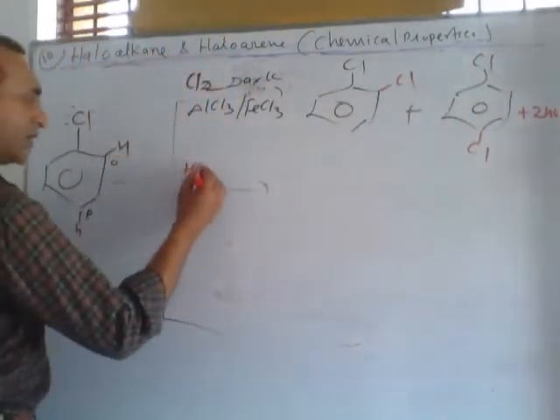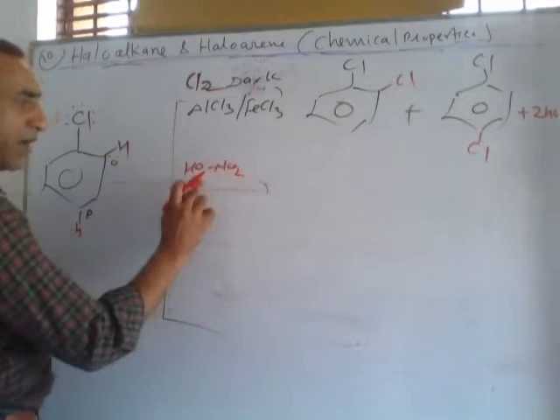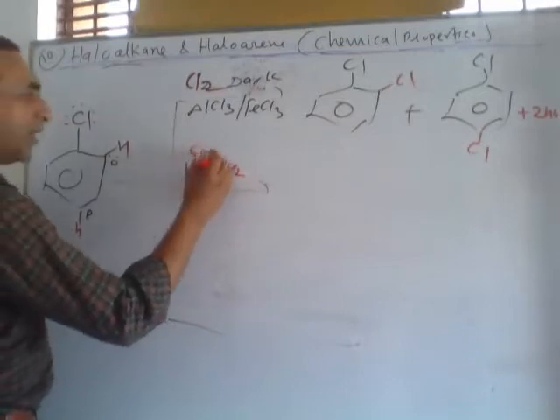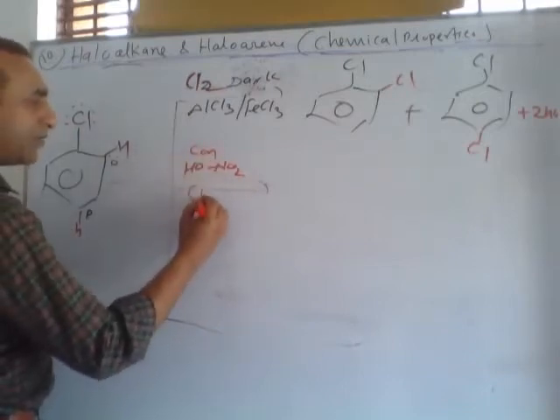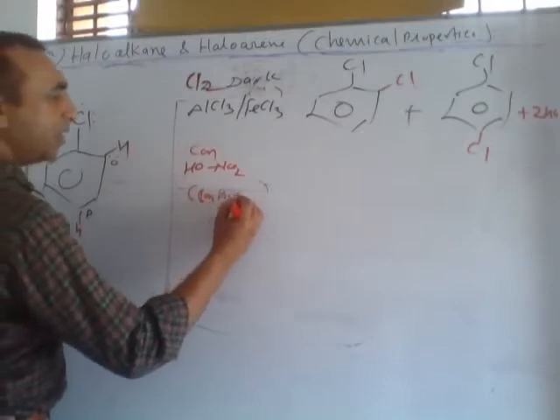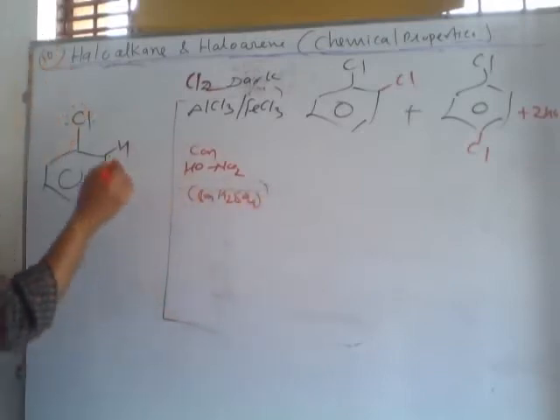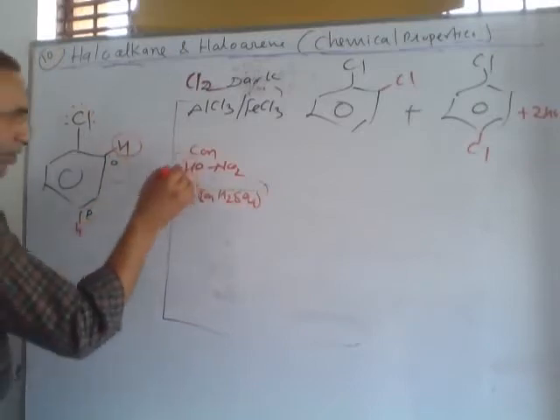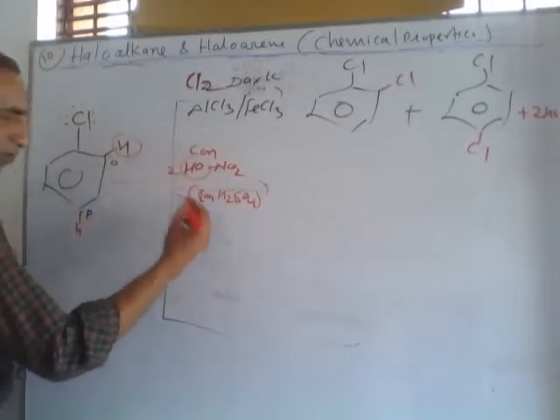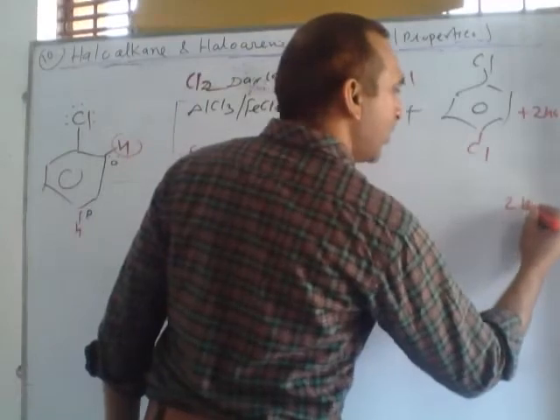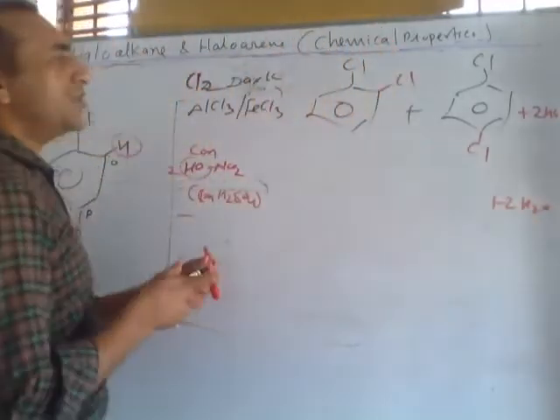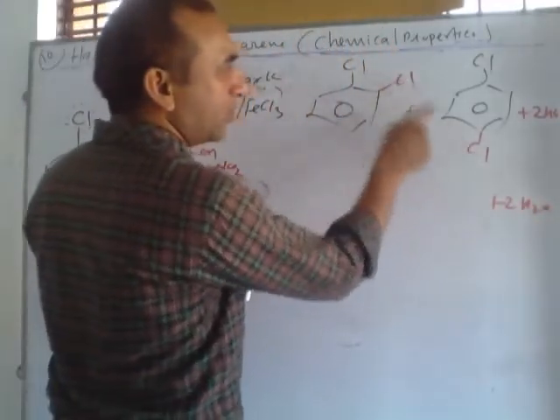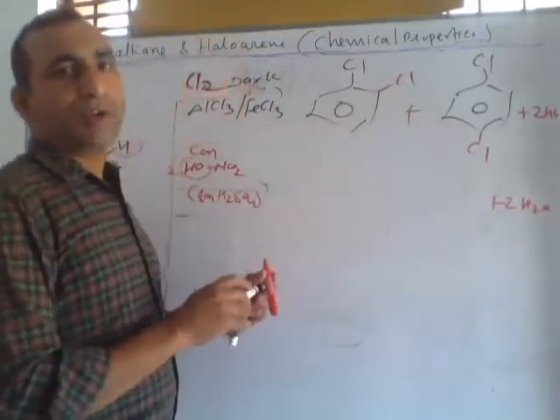Similarly, this is nitric acid. If we react concentrated nitric acid in the presence of concentrated sulfuric acid, the reaction is called nitration. H from ortho and para with this OH is removed as a water molecule. Here two water molecules will form, and instead of these two hydrogens, the nitro group will join.